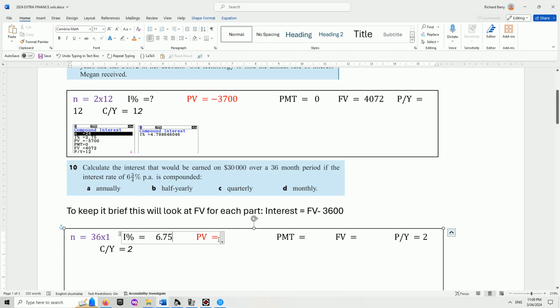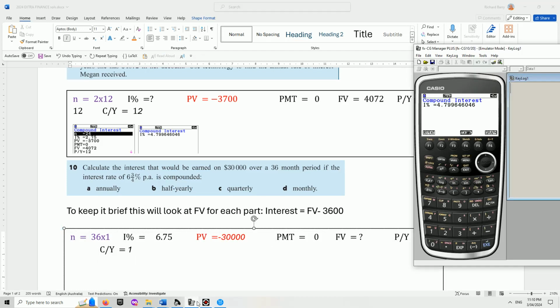It's an investment, so this is going to be minus 30,000 for every question. There are no payments in these questions, no regular payments. This is what we're looking for each question. And for the first part, this is going to be 1. Once per year.